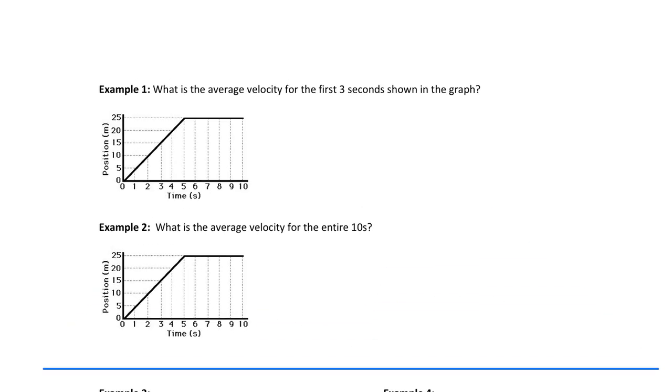What's the average velocity for the first 3 seconds? Okay, this is a position versus time graph, so for the first 3 seconds, velocity is rise over run. So that'd be 15 divided by 3 equals 5 meters per second.